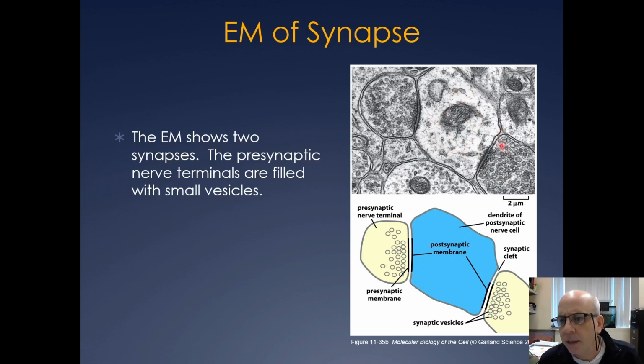And here you can have another area where you have all of your synaptic vesicles. If you look down here on the schematic, you've got your presynaptic membrane, all of your synaptic vesicles, and then your postsynaptic membrane. And in the postsynaptic membrane will be your ligand-gated ion channels.